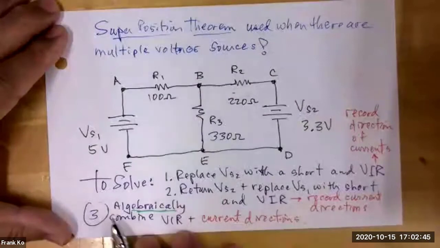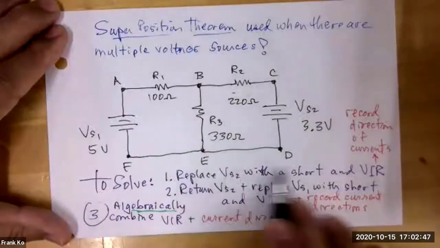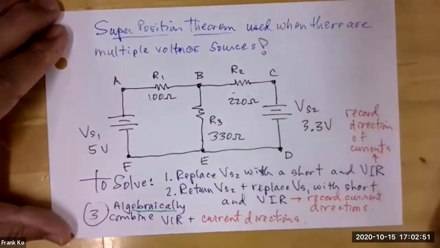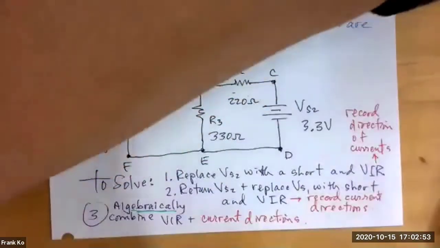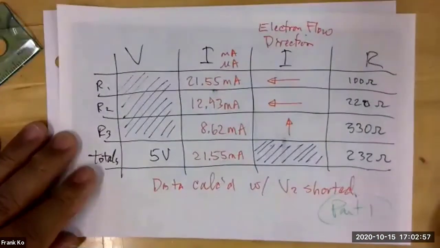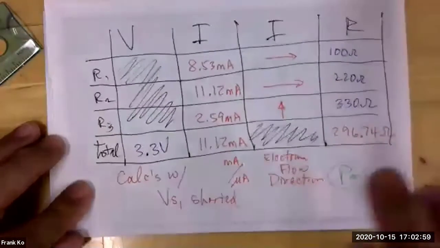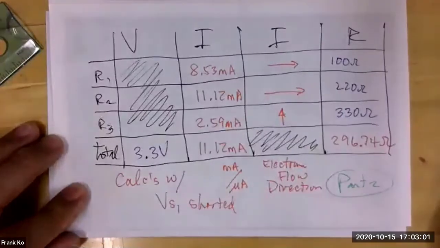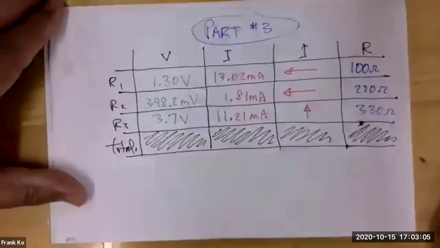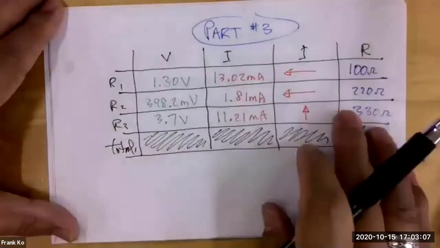We followed step 1, and we had a part 1 VIR table. We followed step 2, we have a part 2 VIR table. We take the 2 tables' worth of information, and that allowed us to combine them algebraically. Now we have a part 3.